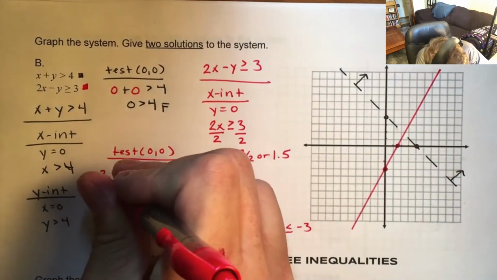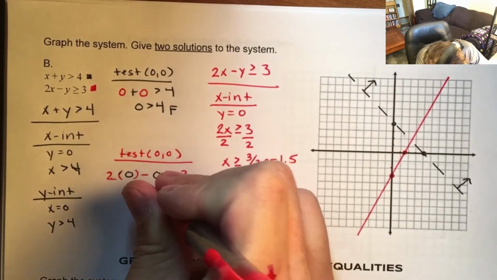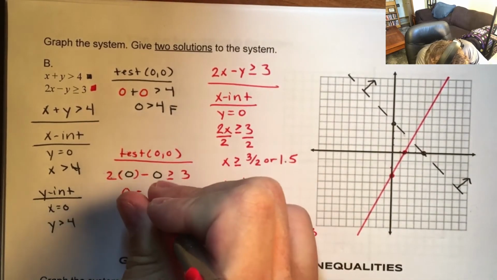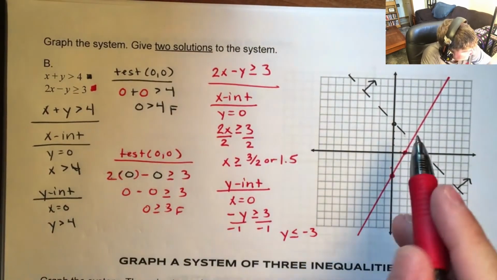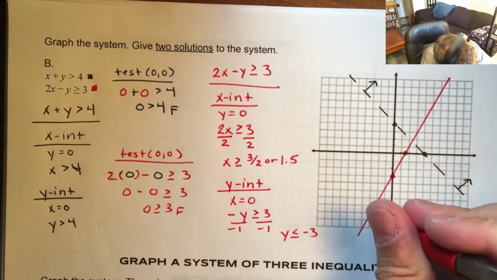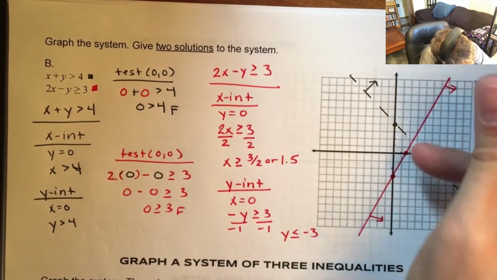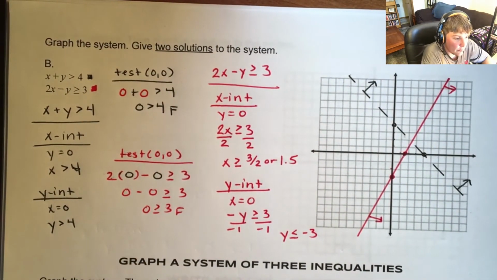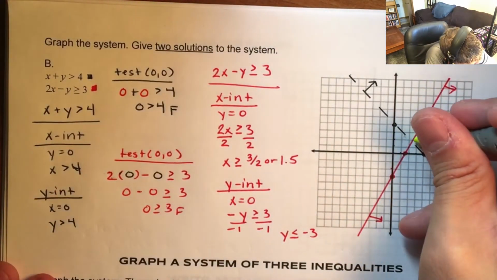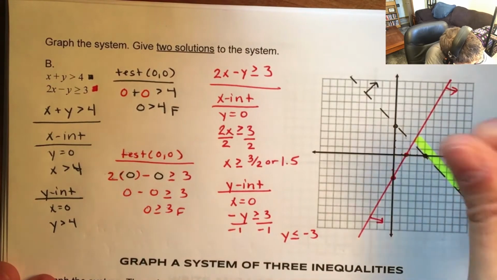So I get 0 minus 0 is greater than or equal to 3, which means 0 is greater than or equal to 3. Again, that is false. So if this is where 0, 0 is, this is where my solutions are, to the right. Again, I'm looking for the overlapping area, the spot where it's solutions to both the black and red line. That would be this little area here.